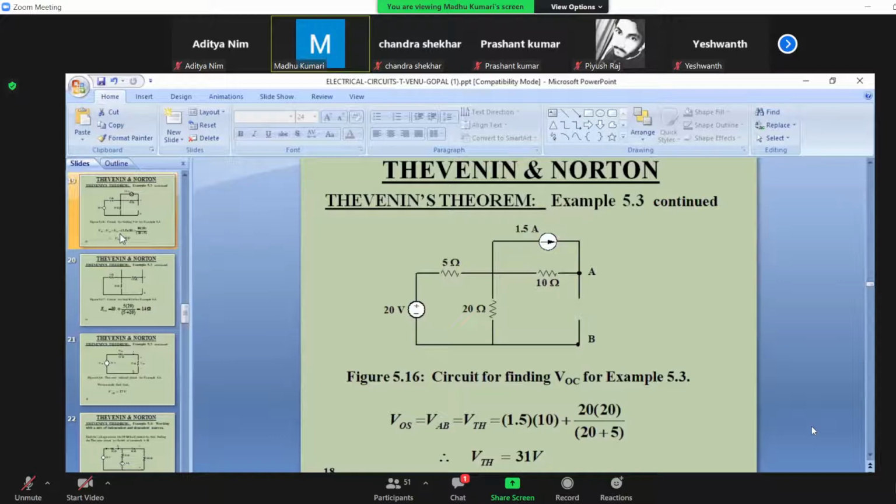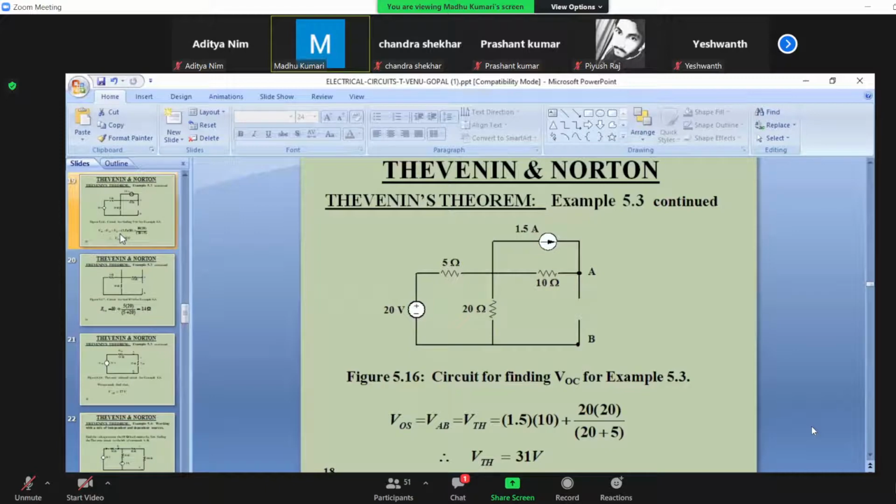Always, when a current source is given, there will be one resistance connected in parallel. And when a voltage source is given, there will be one resistance connected in series. So you can convert it: 10 into 1.5, a 15 volt source in series with a 10 ohm resistance. So you can put here 15 volt with 10 ohm resistance, then there will be two loops.